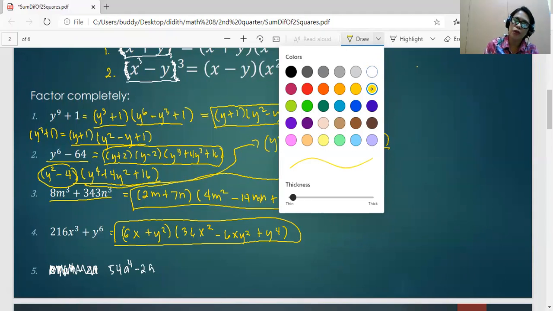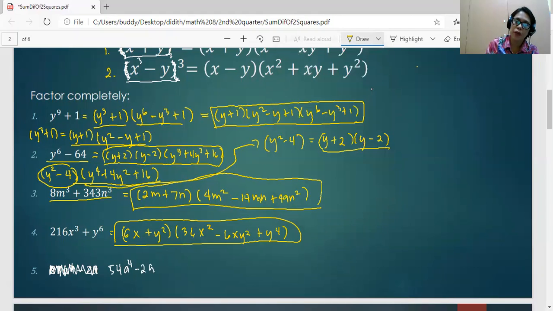So obviously both terms are not perfect cubes. So we have to move out their common factor, and that's 2a. So we will divide both terms by 2a. So 54a to the fourth divided by 2a, so we have 27a cubed, while negative 2a by 2a is negative 1. So the second term is factorable. In fact, it's the difference of two cubes.